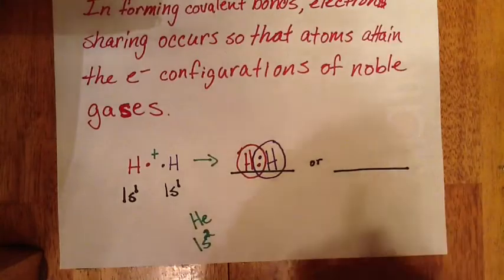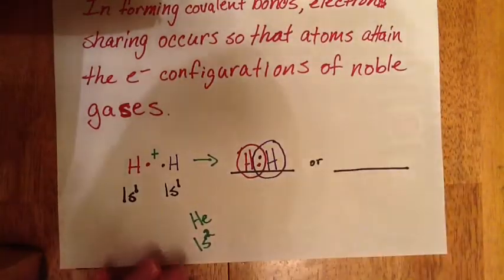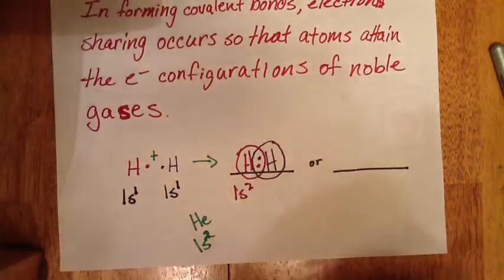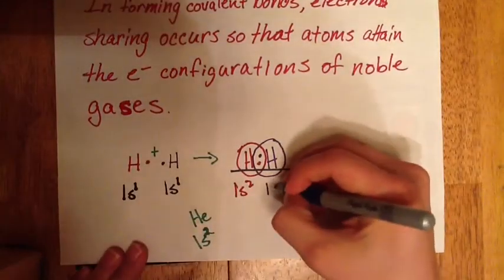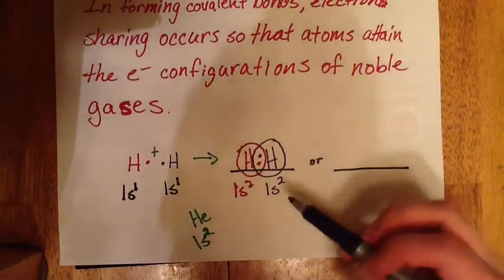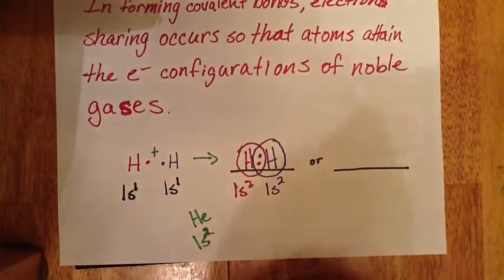If they're counting both of them, that means their electron configuration is 1s2 for the red guy and 1s2 for the purple guy. So now their electron configurations are just like helium, a noble gas, and everyone's happy.